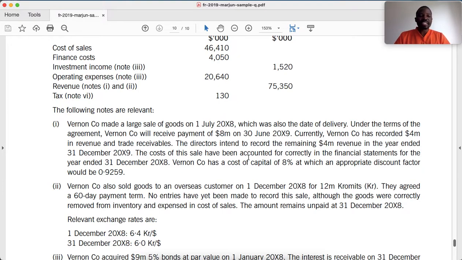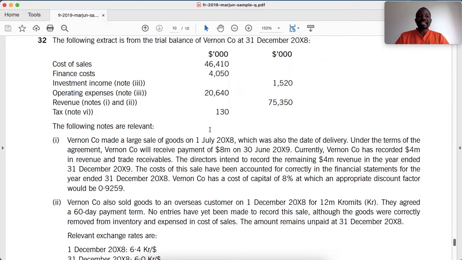Why has Vernon Co recorded 4 million? Because the sale took place on 1 July 20x8. So Vernon Co has counted July, August, September, October, November, December, which is 6 months: 6 out of 12 multiplied by 8 million. So it has recorded 4 million, which is wrong.